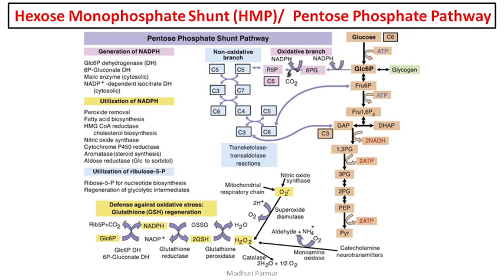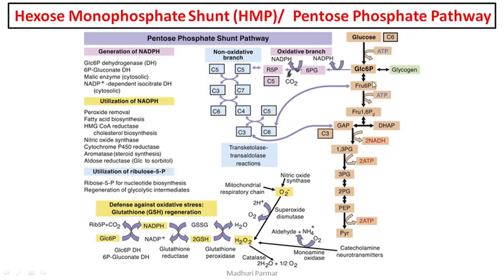Clear? Fine. Now this is one small topic which I would like to cover, just in case any question gets asked from a related topic, or just to make you clear on the topic we are studying today. This pathway is known as the hexose monophosphate shunt, HMP, or it is also known as the pentose phosphate pathway, triple P. Now, the details are not very necessary.